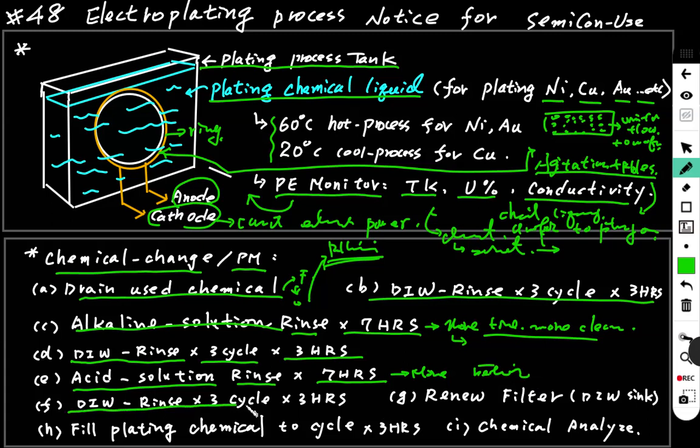Then DI water rinse for 3 cycles for 3 hours. After that, we can renew the filter. The filter is not empty, just sunk in the DI water for several hours. Then renew it.